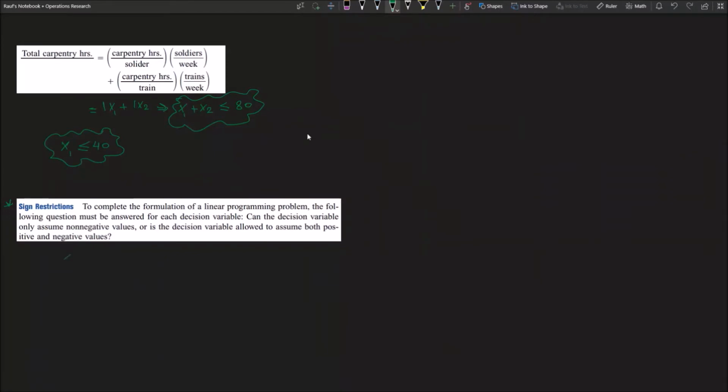So we can say either xi larger or equal to 0, or we can say separately x1 larger or equal to 0 and x2 larger or equal to 0, so can't be in minus. So that's constraint number 4 and constraint number 5.